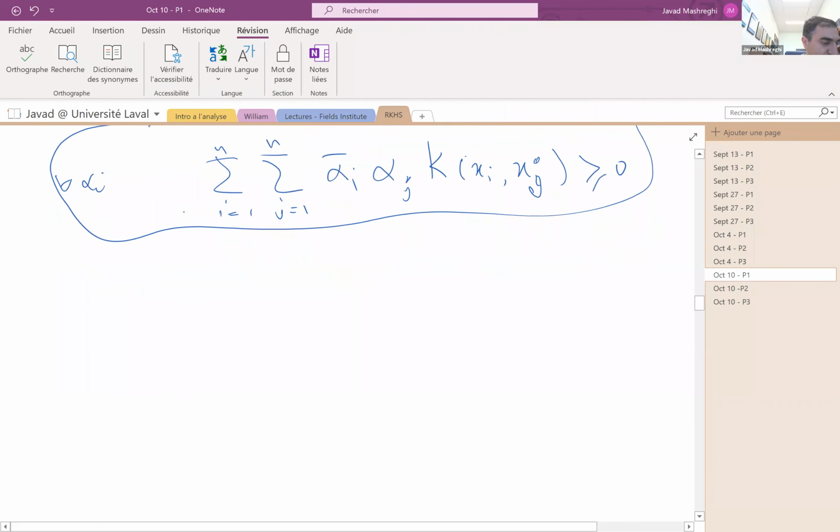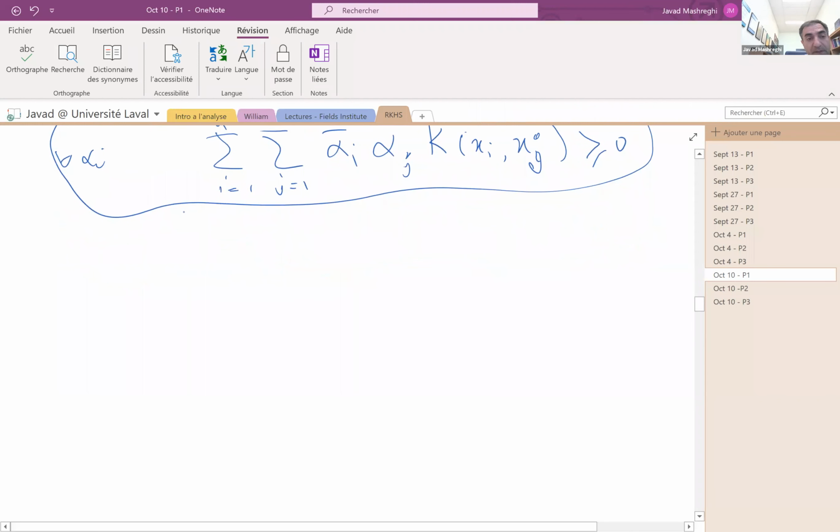Now we can imagine why I gave such a definition. Remember, we had a theorem two weeks ago.